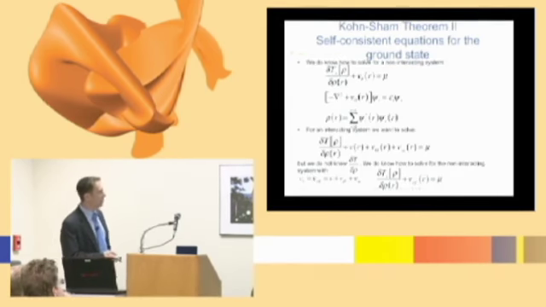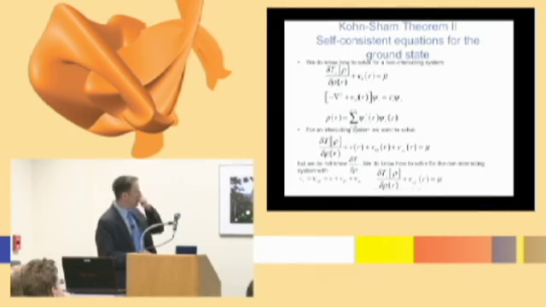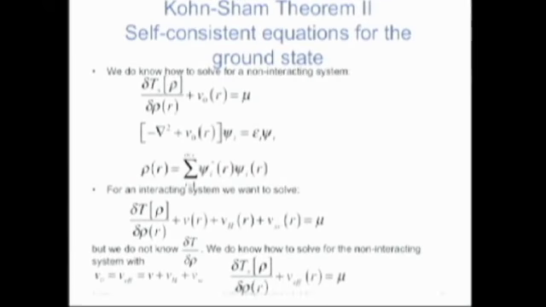But what we're going to do is follow the set of steps that Kohn and Sham originally took. They said we do know how to solve for a non-interacting system. So imagine that we have a non-interacting system, so there are no electron-electron interactions. They're just like uncharged electrons, if you will.